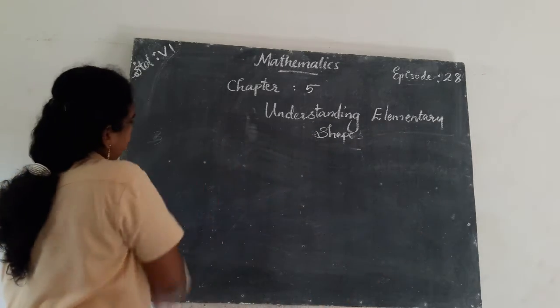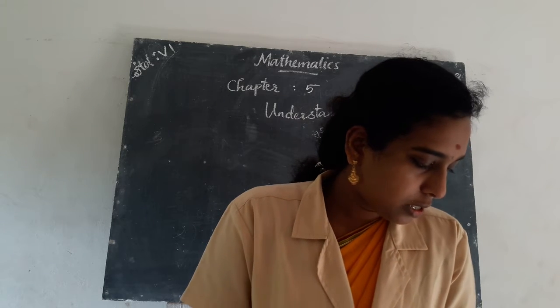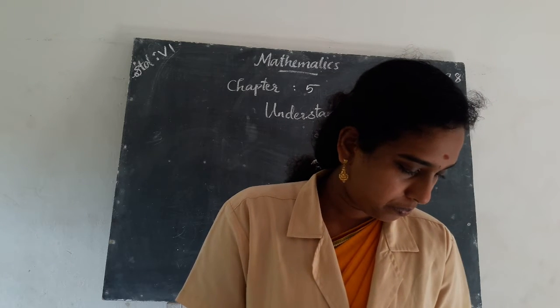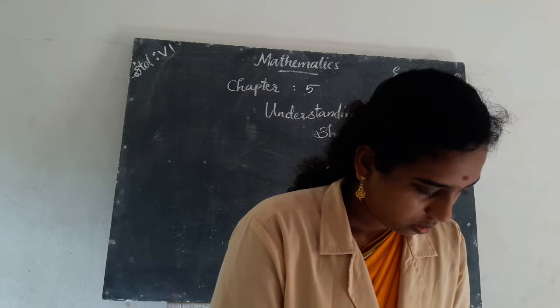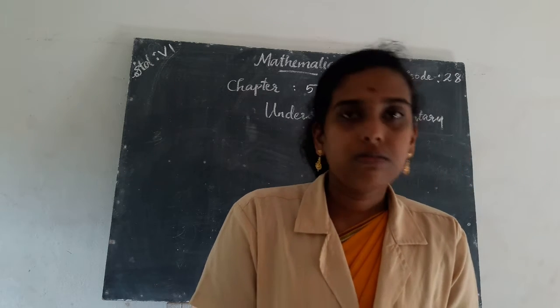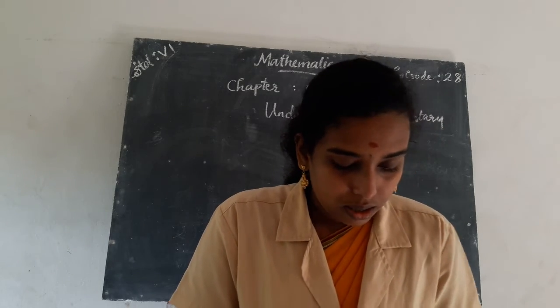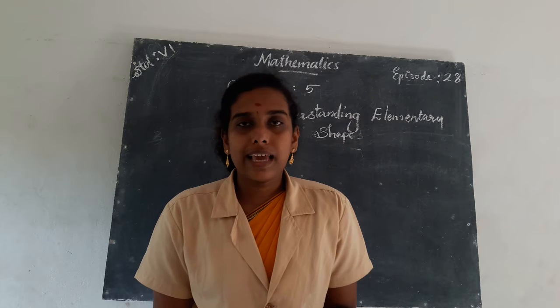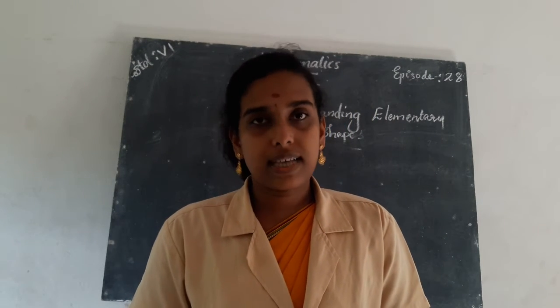Then the next topic is based on triangles, rectangles and square. Okay. So, a rectangle is a quadrilateral. Quadrilateral means the polygon that has 4 sides.